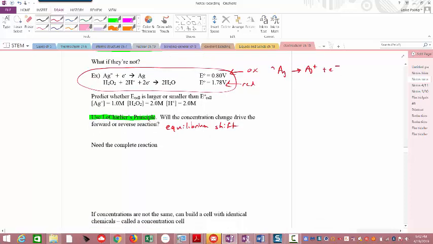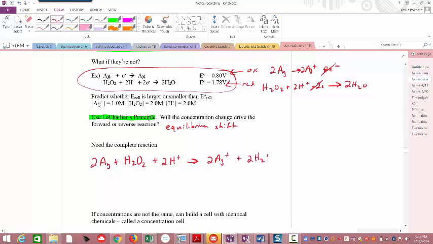We're going to have to multiply this by 2 so that our electrons cancel. So our complete reaction is 2 Ag plus H2O2 plus 2H+ into 2Ag+ and 2H2O.